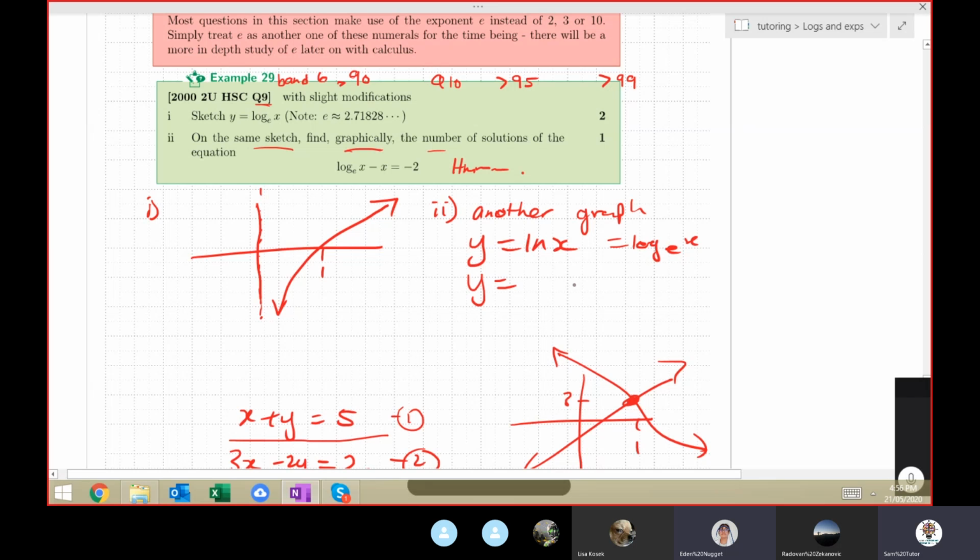Negative x equals -2. Doesn't this look really weird to you? Y equals negative x equals -2? Yep, good. You're close. You're looking at the right numbers, you just don't know what you're meant to do with it. Log x, you already have that.